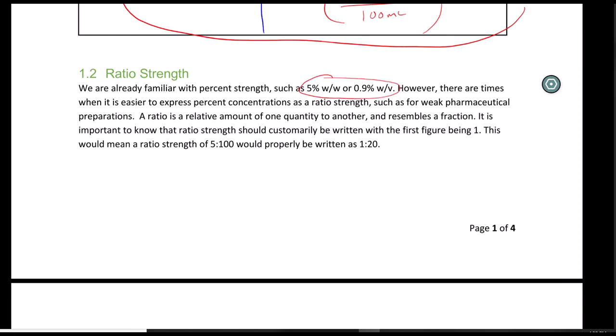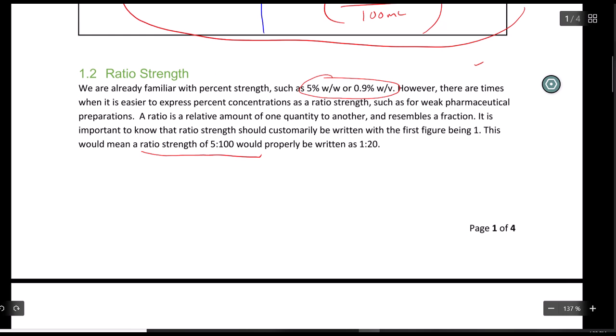Very common to do percentages, but sometimes the concentration is so small that it's not really friendly or feasible to write something in such a small percent, like 0.0001%. And you'll see that, but it's very complicated to use. So a lot of times what we will do is we will use a ratio strength as a means of doing that.